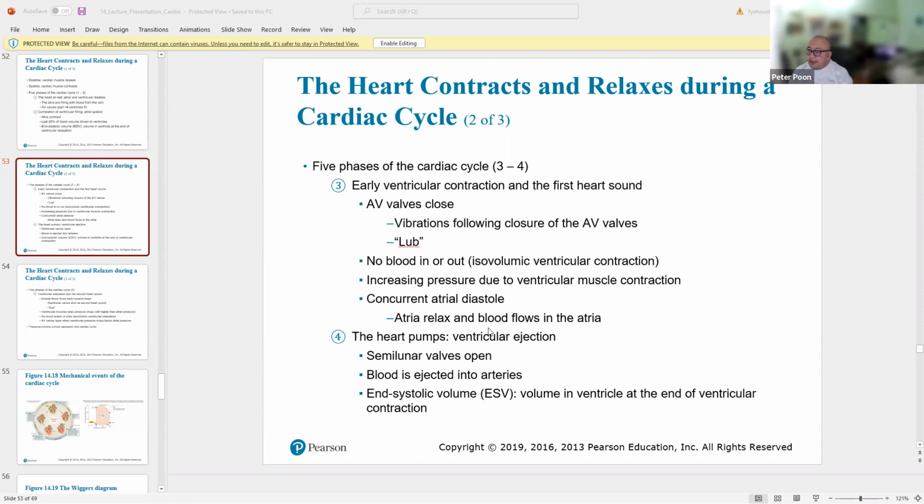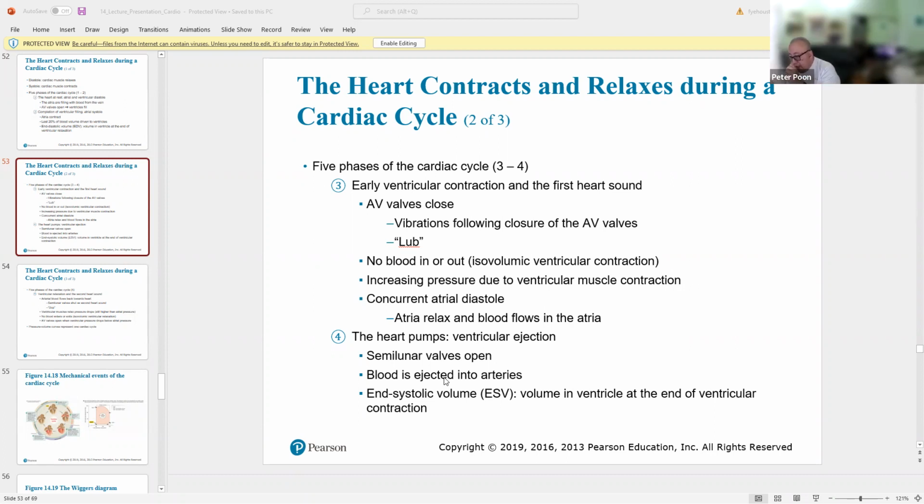And eventually, the semilunar valves open, and that is when the blood is ejected. And so we talk about the end systolic volume. The end systolic volume is the amount of fluid that's left in the ventricle at the end of ventricular contraction.